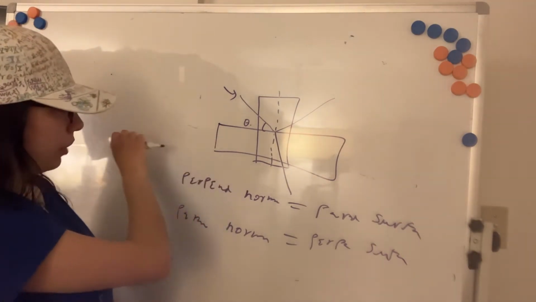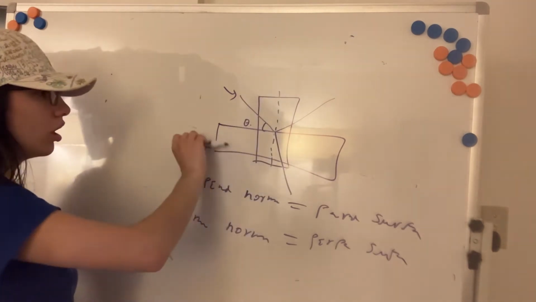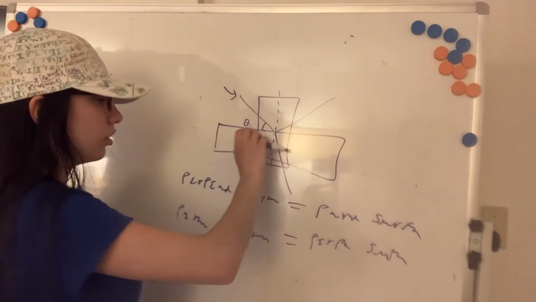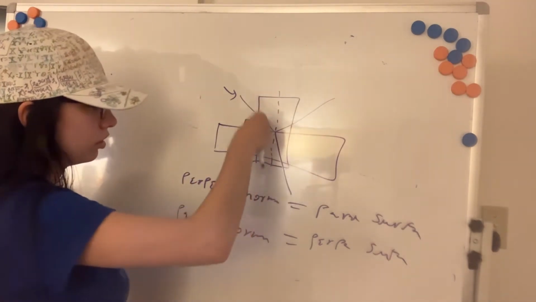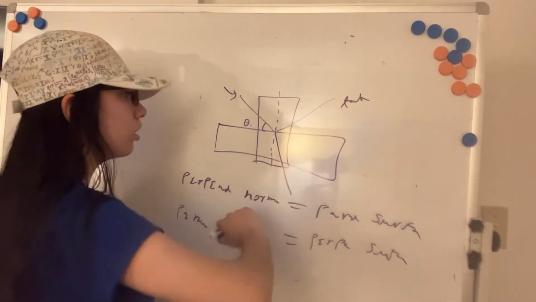If it is parallel to the surface or perpendicular to this, then we would have reflection and refraction. It would be totally reflected.